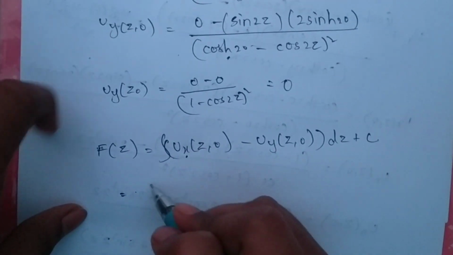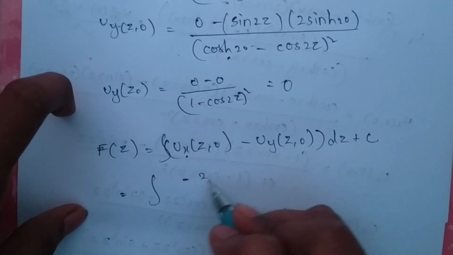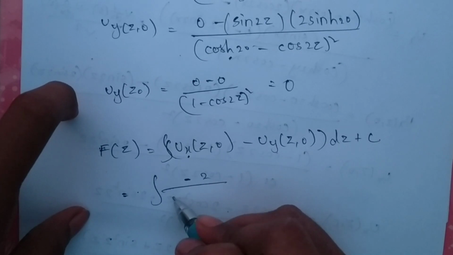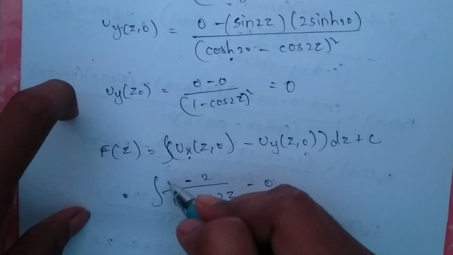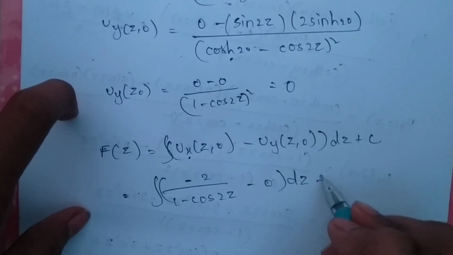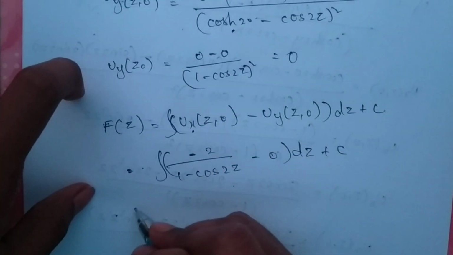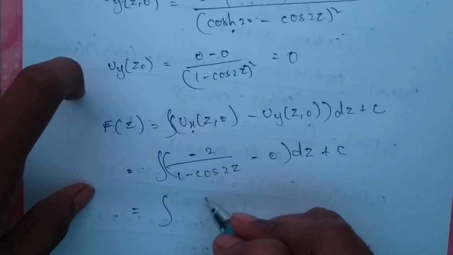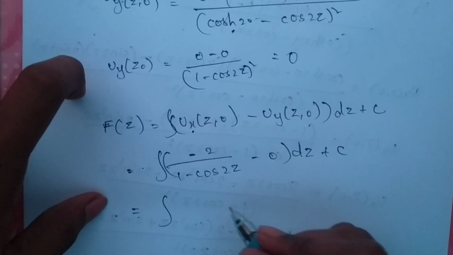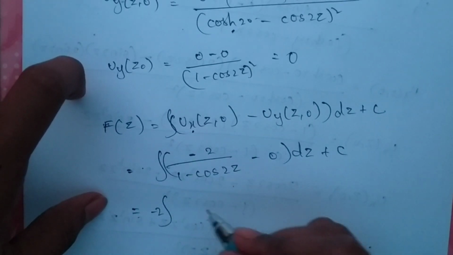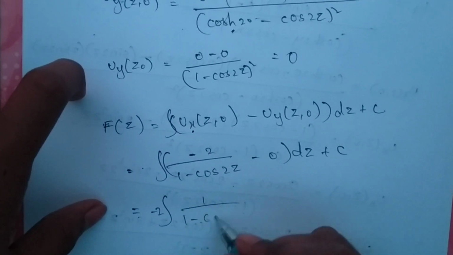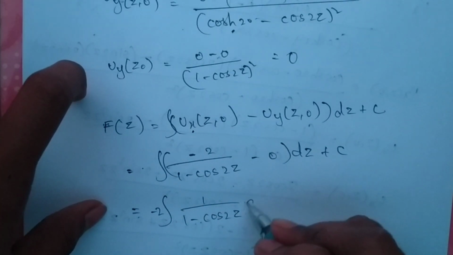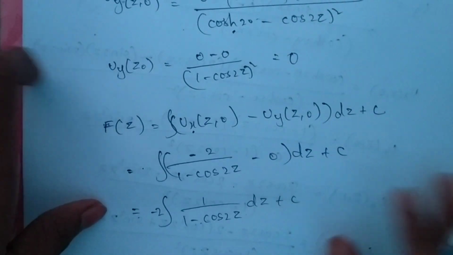So it becomes the integral of minus 2 by 1 minus cos 2z minus 0 dz plus c. Now for the integral, we take minus 2 outside, so 1 by 1 minus cos 2z into dz plus c.